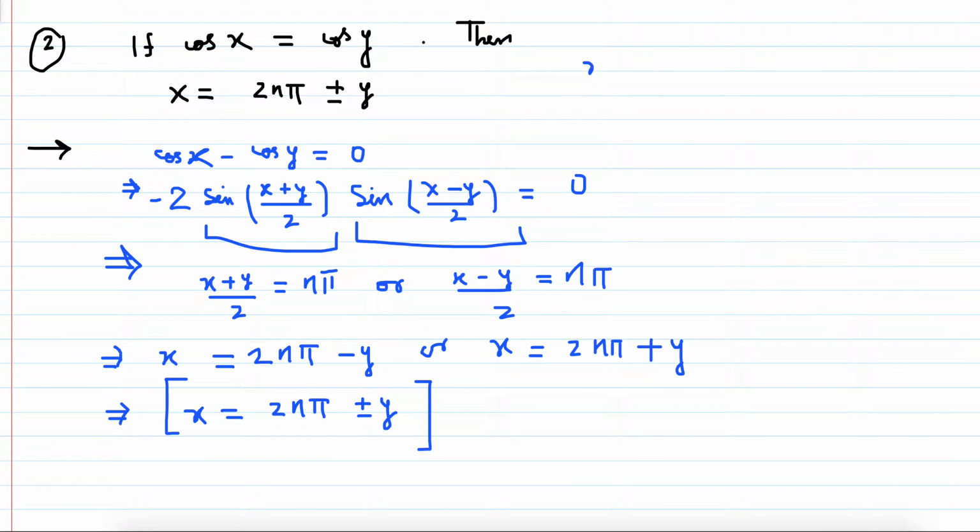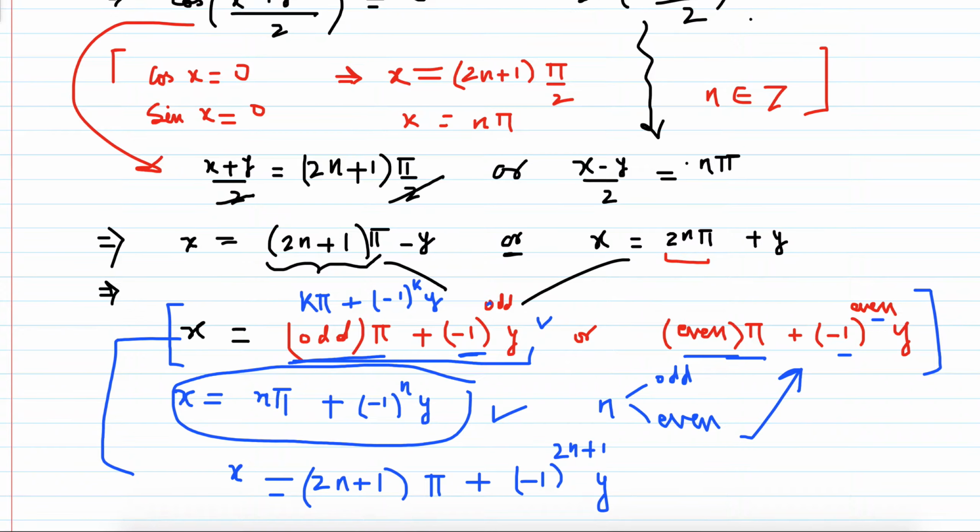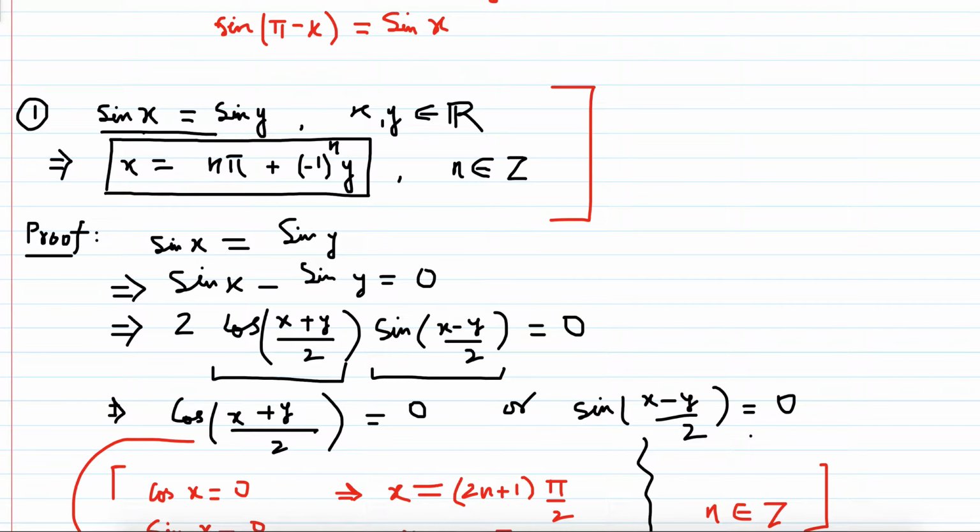Again here x and y belong to real numbers, and n belongs to the set of integers. So this is understood. For this case we have proved that x and y are related by this equation. So this also we should remember, and this was the first case.